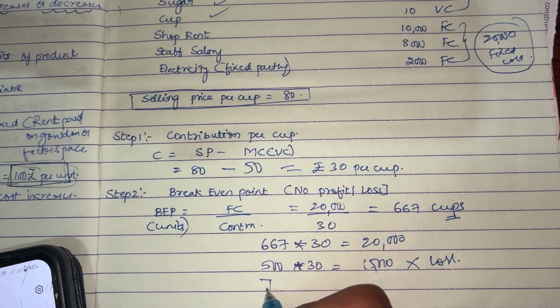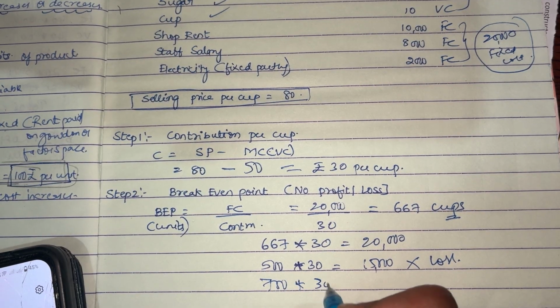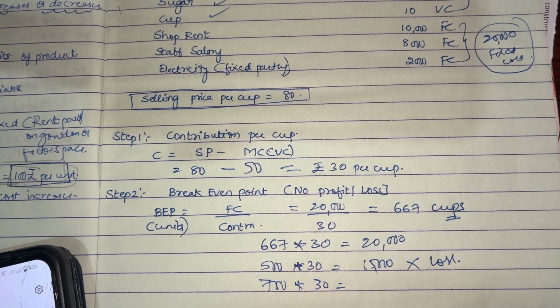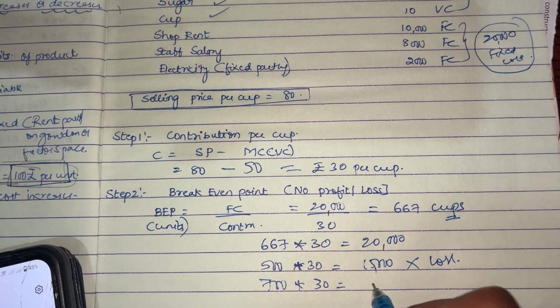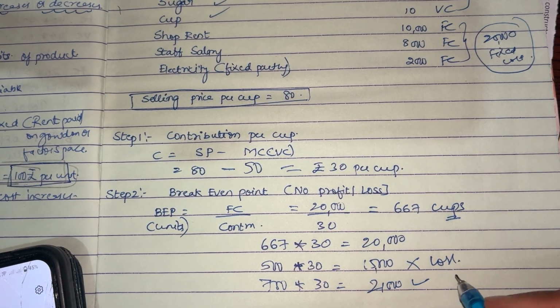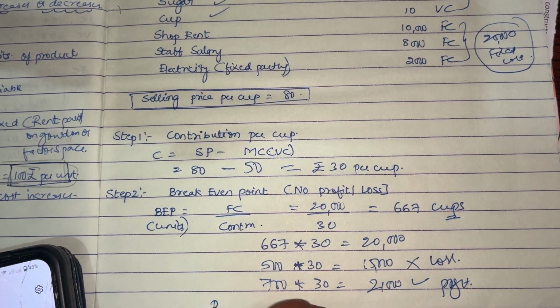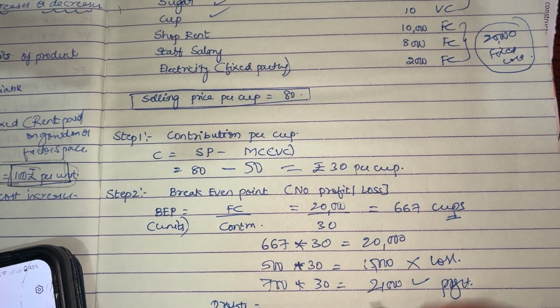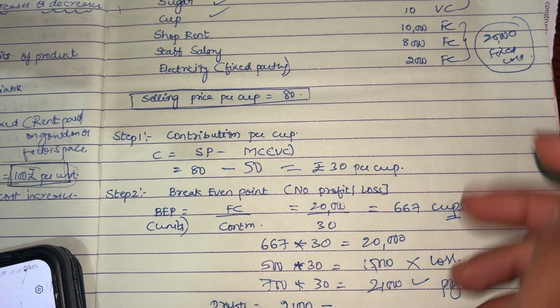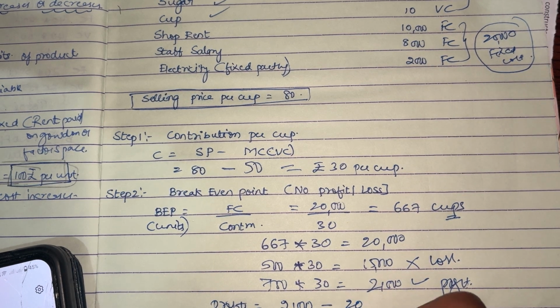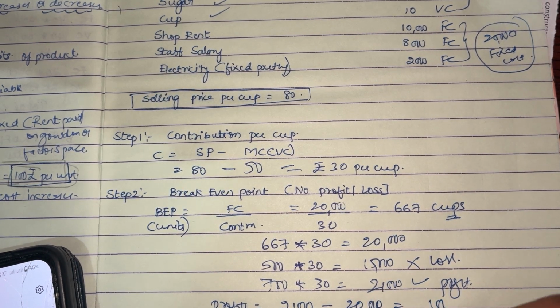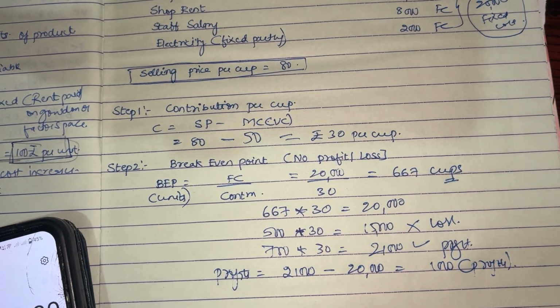If you are selling 700 cups into 30, you will come up with 21,000. Guys, remember, you have a total of 21,000. Out of this 21,000, recover your 20,000 of fixed cost. Now profits are 1,000. So this is your profit.